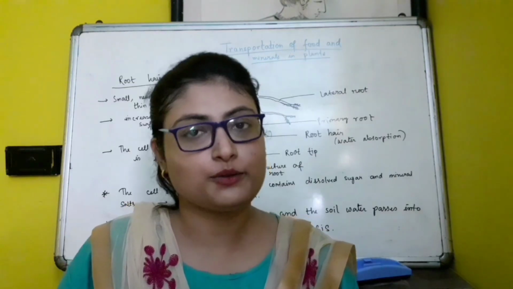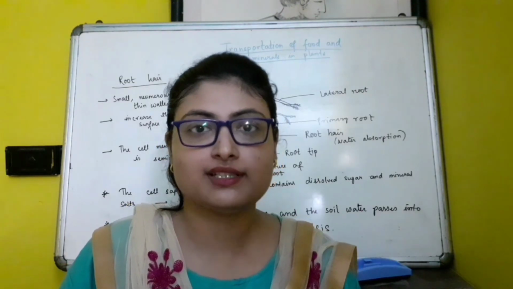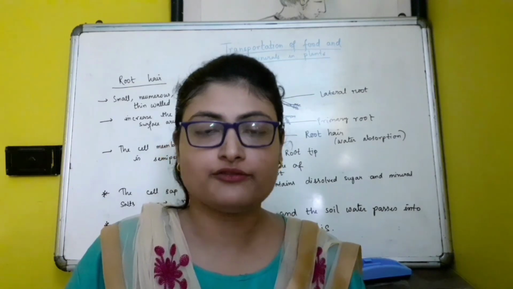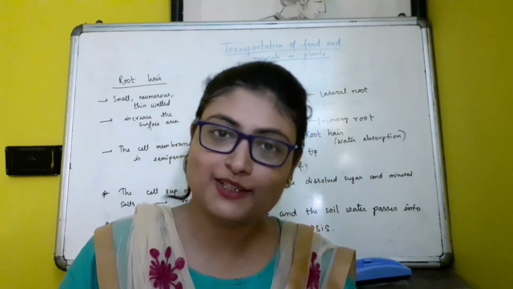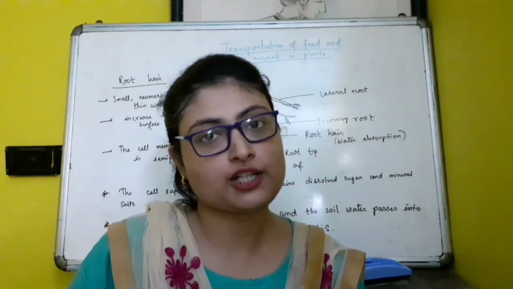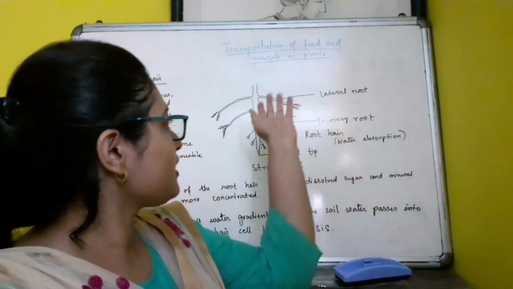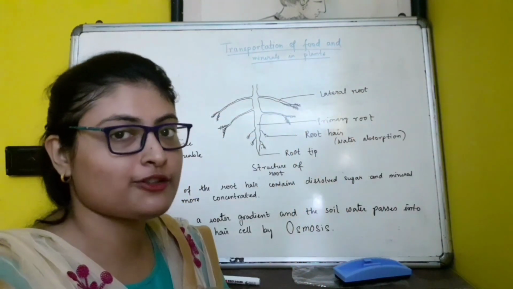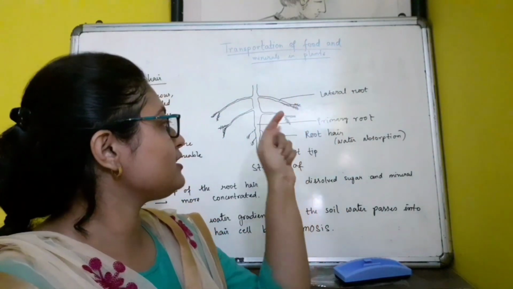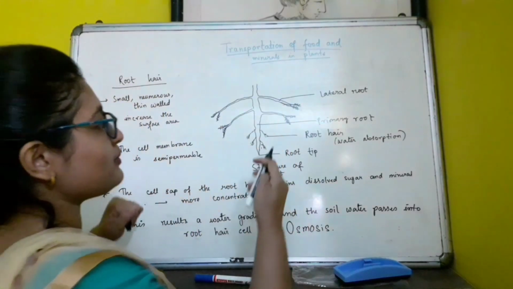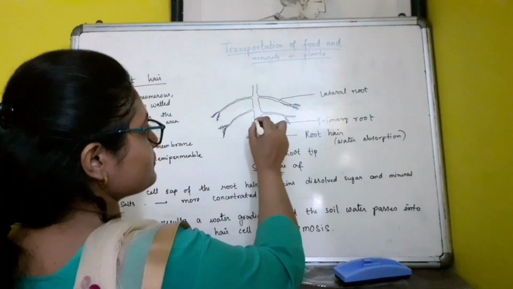We all know that water and minerals are absorbed from the soil by the roots. So, let's see the structure of the root. I have already drawn the structure of the root. This particular one is the primary root.